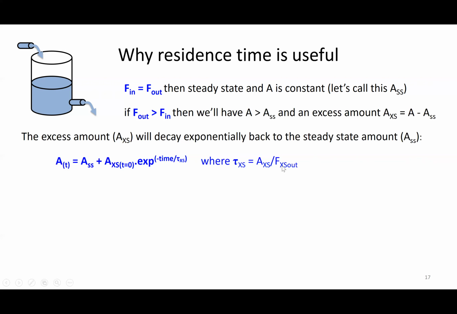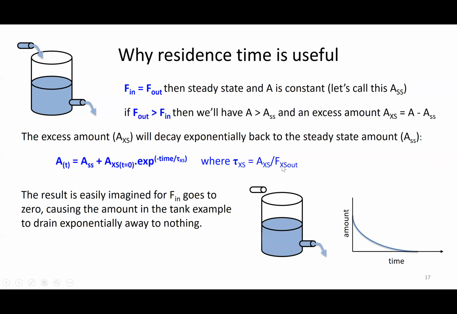That seems like a lot of terminology, but to give you an idea how that might work, let's consider the simple example where there's no flux in. The steady state amount, where the flux in would equal the flux out, would be zero flux in and zero flux out.